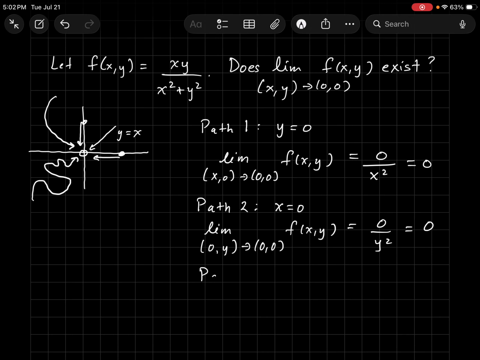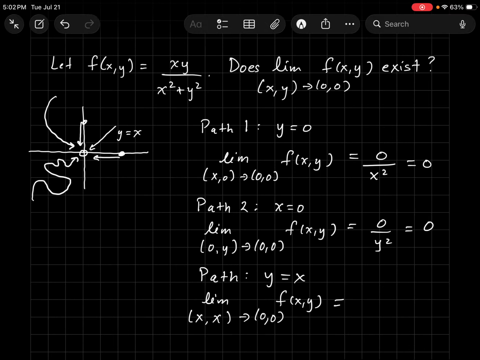So for path 3, we're going to try the line y equals x. So this is the limit of (x, y), but y equals x, right? So (x, x) goes to (0, 0) of our function. Again, it's xy, but y equals x, so I can say (x, x).